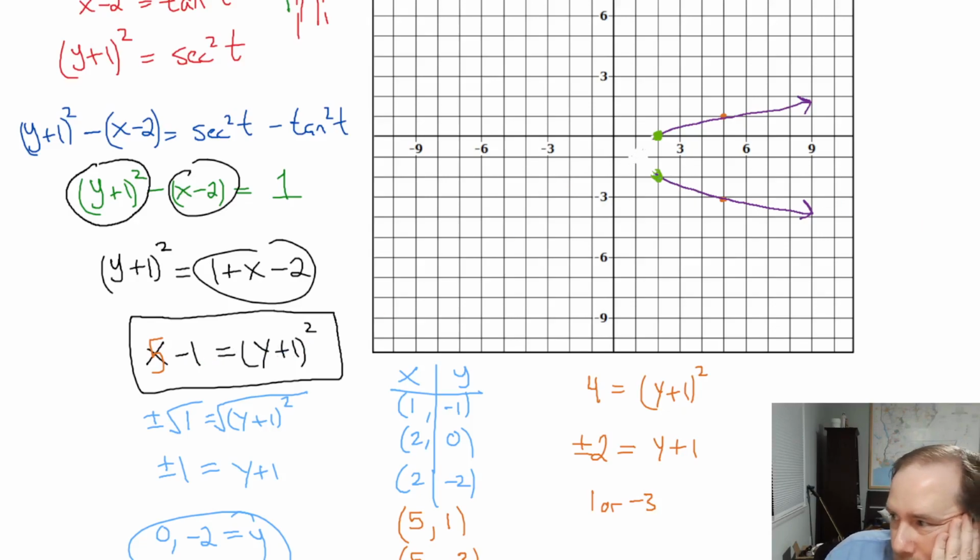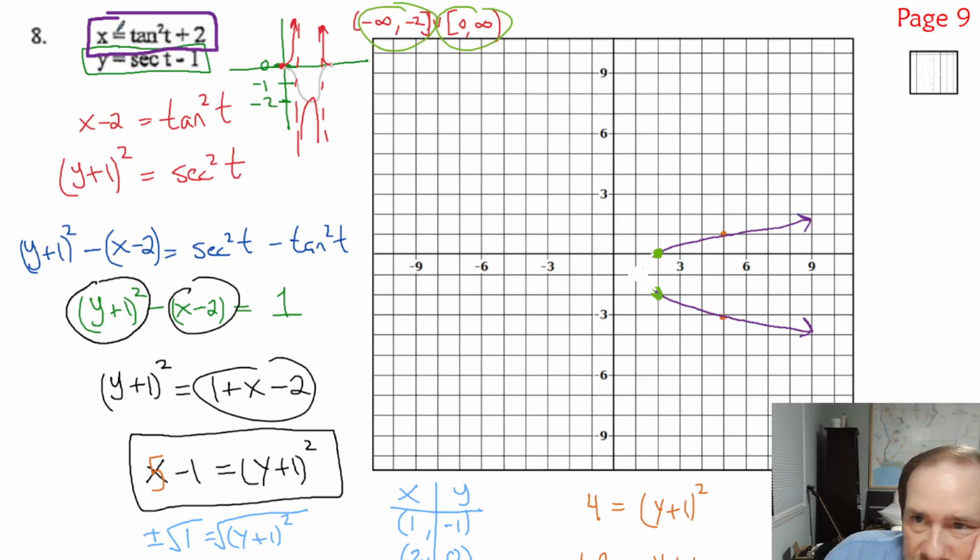Well, I can't, because the x equation only generates values that are 2 or more. So this whole little bit here is gone, and I should get the top half of my parabola and the bottom half, but only the part to the right of 2.